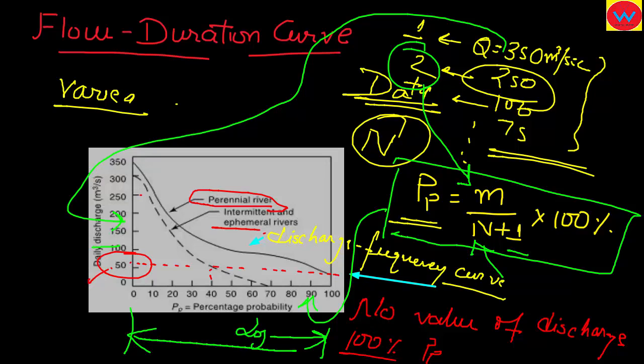We can see some characteristics of this flow duration curve which are of great importance. The slope of the flow duration curve depends on the interval of data selected. For example, daily stream flow data gives a steeper curve because it has higher variation than monthly data for the same stream.